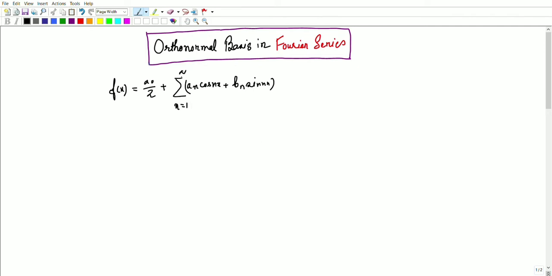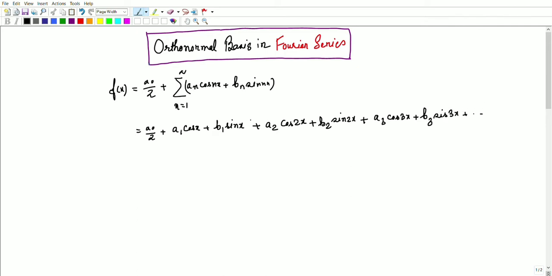Okay, so if we remove this summation and write down a few terms putting the values of n, a1 cos x plus b1 sin x plus a2 cos 2x plus b2 sin 2x plus a3 cos 3x plus b3 sin 3x, like this.